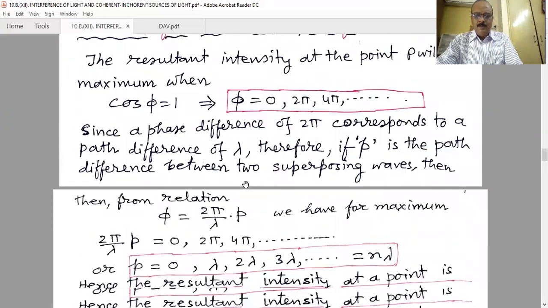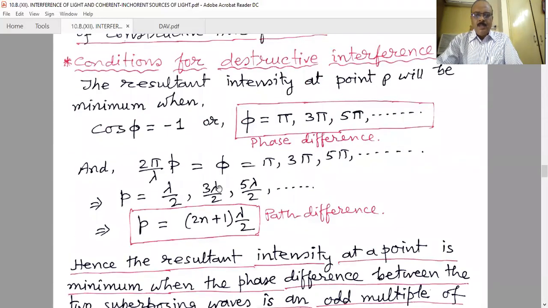I will be minimum, with cos of phi being -1. For what values of phi will cos of phi be -1? Phi is pi, 3 pi, 5 pi, that means an odd multiple of pi, then cos of phi will be -1. And this is the condition according to phase difference.